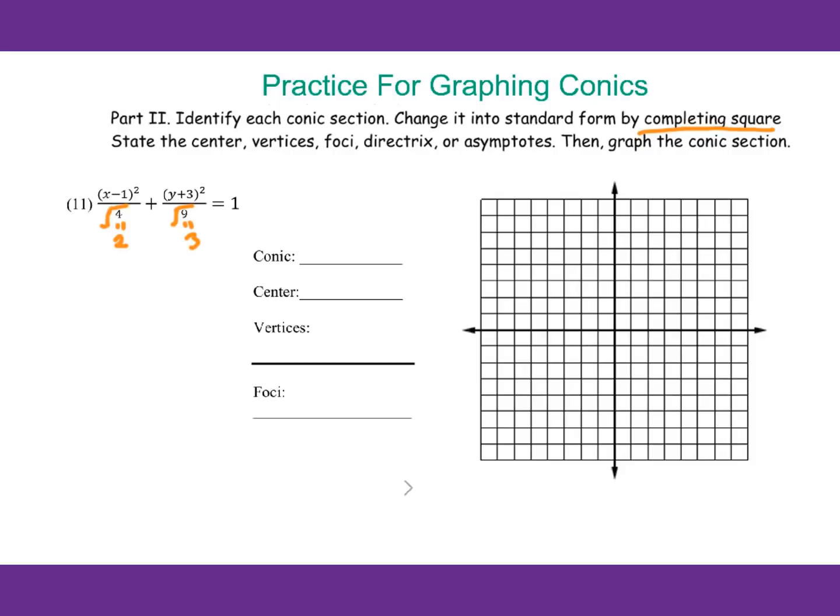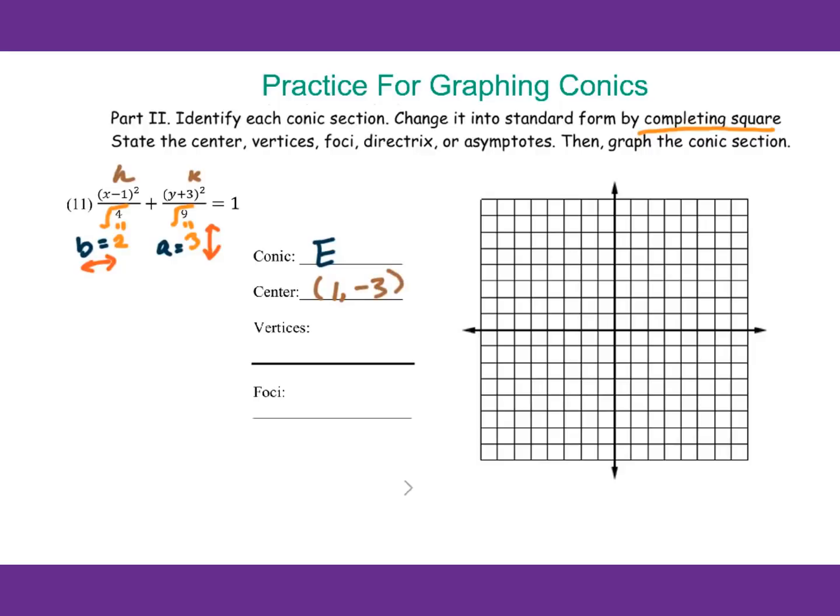This is an ellipse. Therefore, the bigger one is A. The arrow will be vertical. Here is horizontal. This is h, here is k. Therefore, the center will be 1, negative 3.